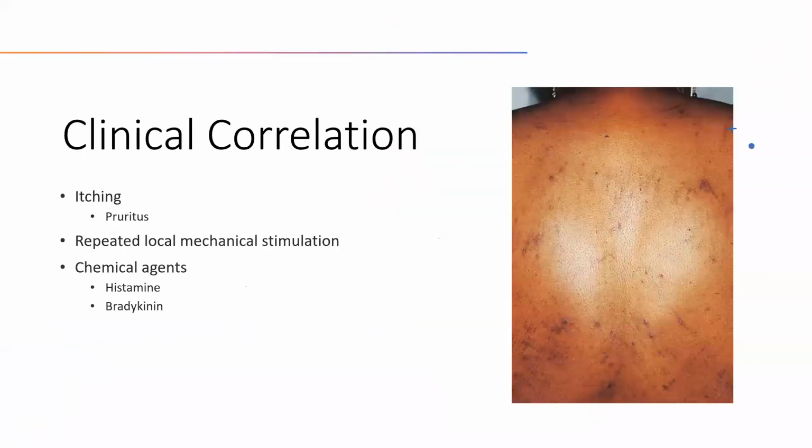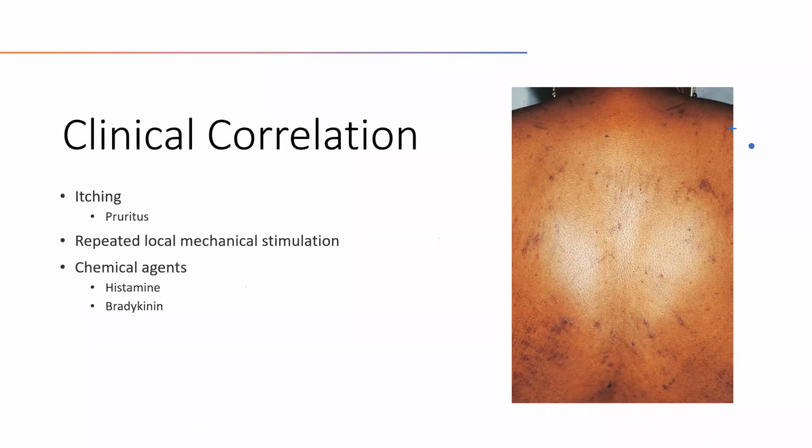So an interesting clinical condition that we might need to take a look much more deeper in this session is what we call itchiness. So itchiness is an unpleasant sensation of the body, no? Or we call that also pruritus.